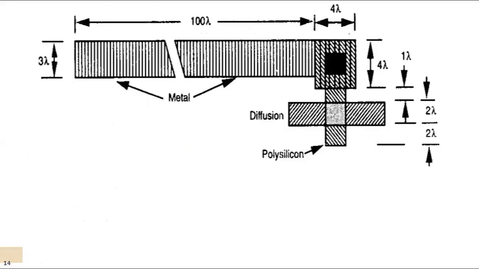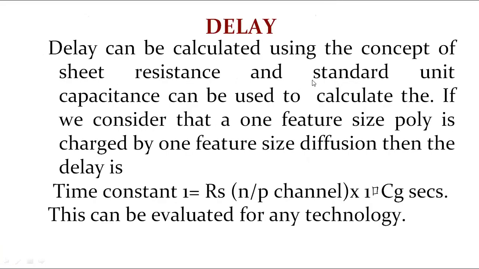For delay, already we have gone through one problem, with different layers, that is metal, diffusion and polysilicon. We have calculated the overall capacitance, that is metal Cm, diffusion Cd and polysilicon Cp; the three values we have to add for the total capacitance. Okay. Next, we'll start with delay.